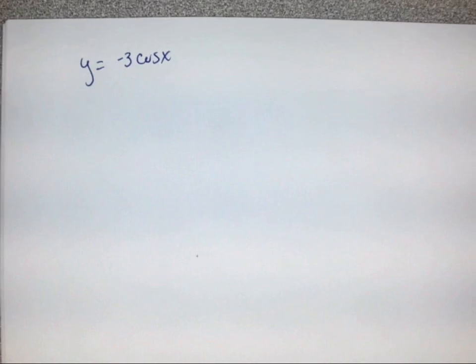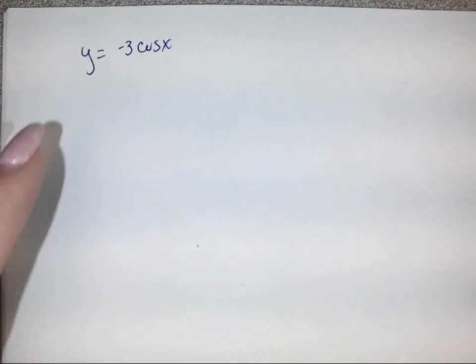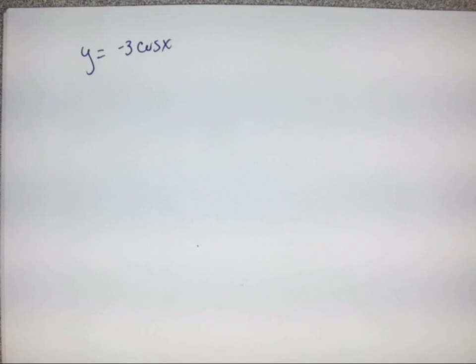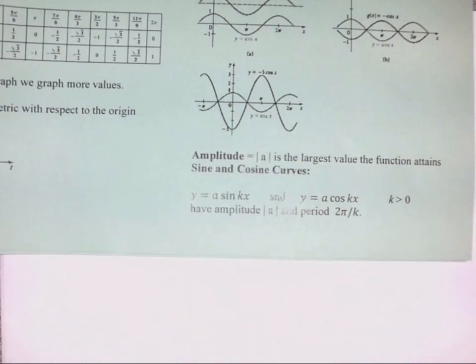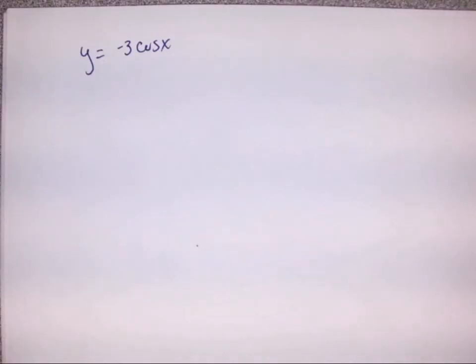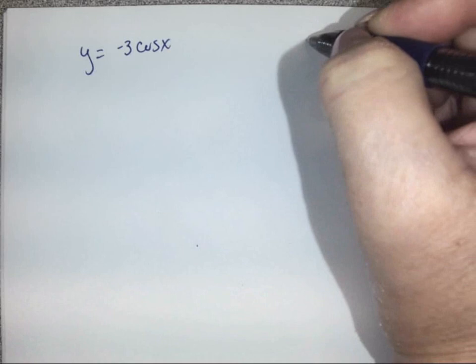So if we're looking at y is equal to negative 3 times the cosine of x. So recall that the amplitude is found by looking at y is equal to a times the sine of kx, or y is equal to a times the cosine of kx.